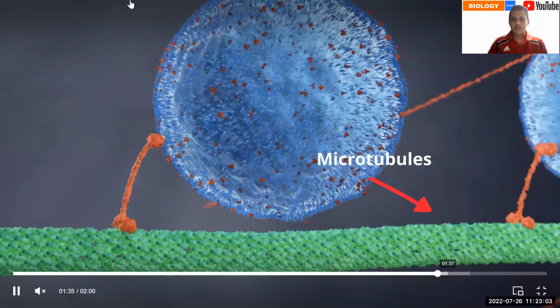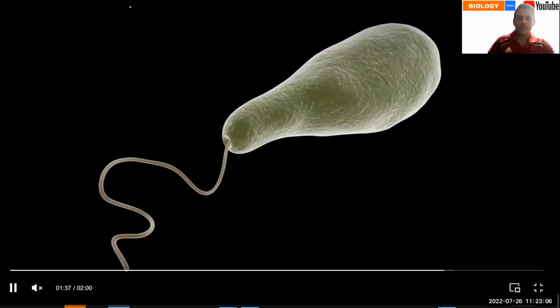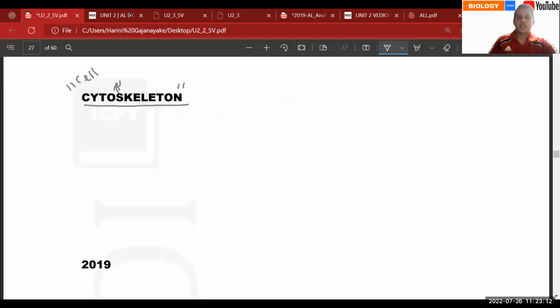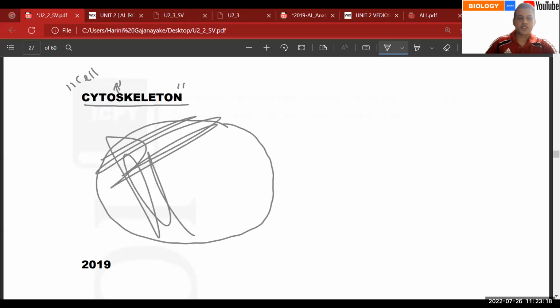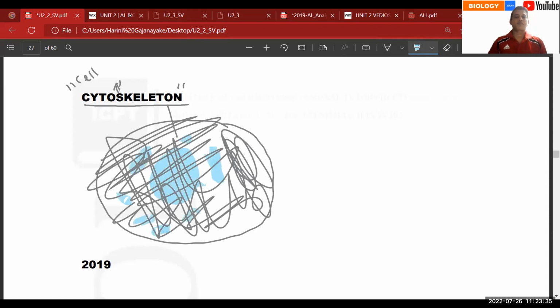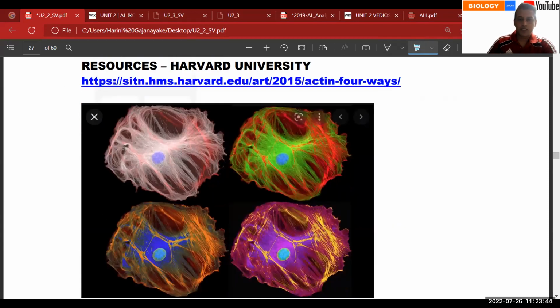That means many cells have this cytoskeleton inside. So if the cell is like this, there's an extensive network of fiber-like things distributed inside the cell. It's a cytoskeleton. Here, another picture.